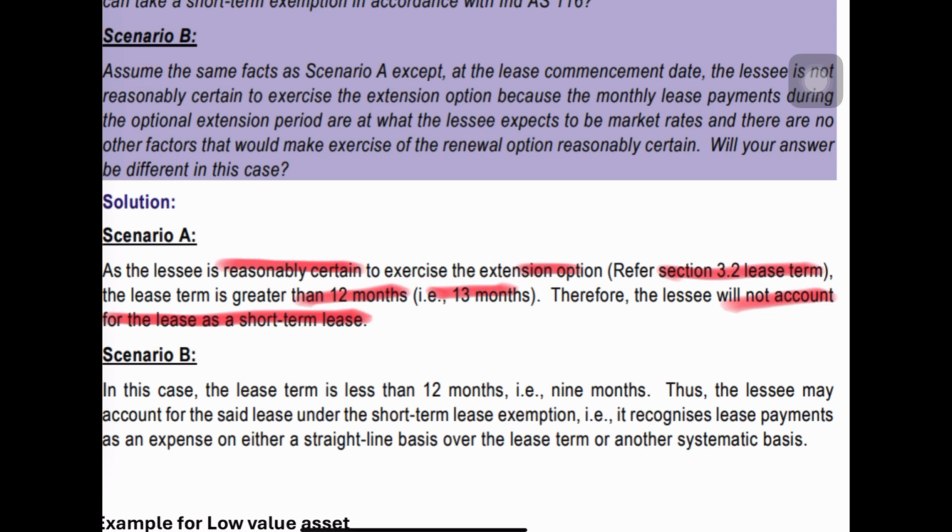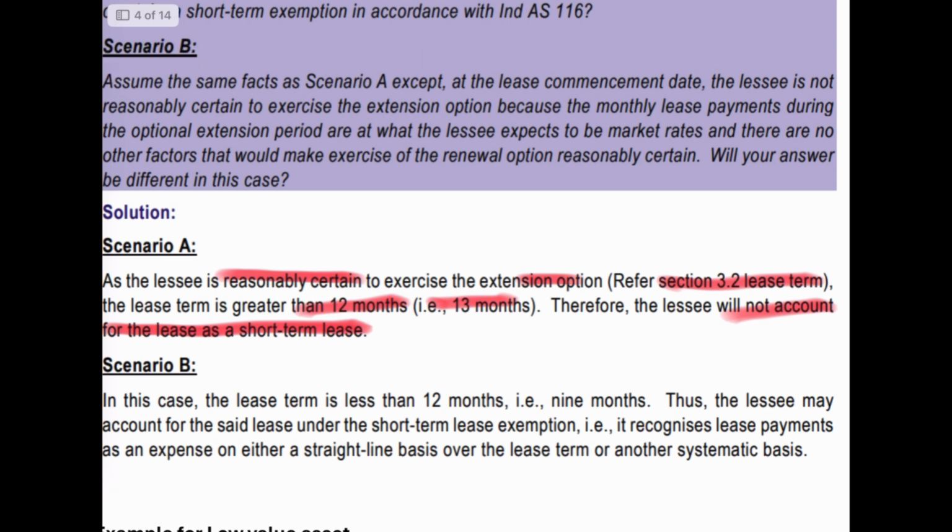Here assume the same facts as scenario A, except that at the lease commencement date, the lessee is not reasonably certain to exercise the extension option because the monthly lease payments during the optional extension period are at what the lessee expects to be the market rate, and there are no other factors that would make exercise of the renewal option reasonably certain.